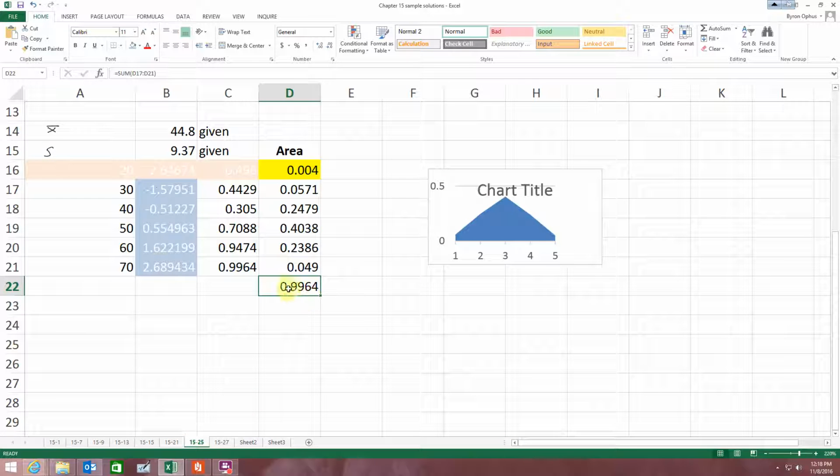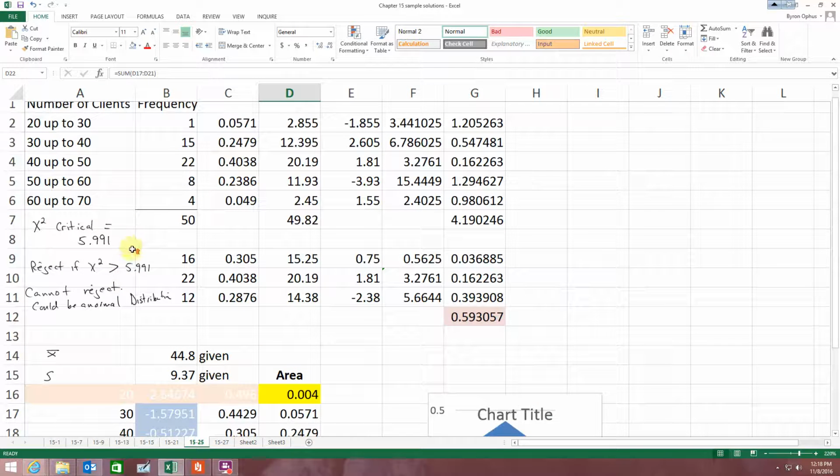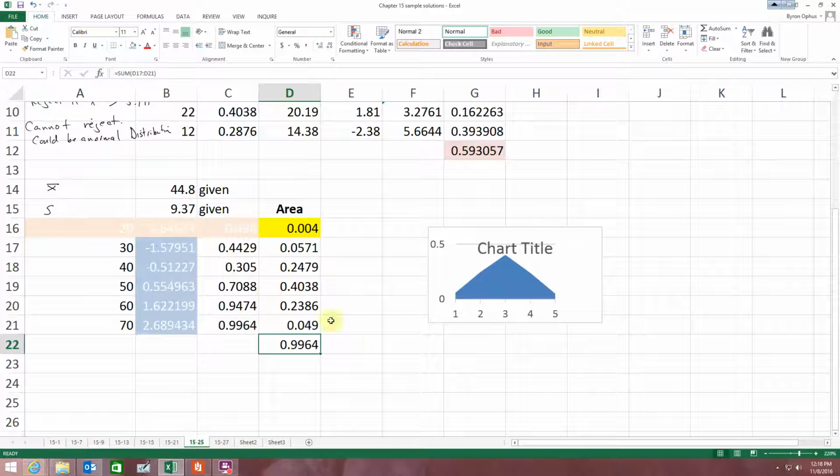And I would have a remainder here that would be over 70, much like my under 20. I would have a remainder here that would be 0.0036. That should get me to the 1, and I may need that in here. I'm going to pause for a second.